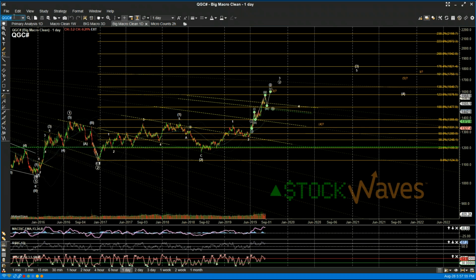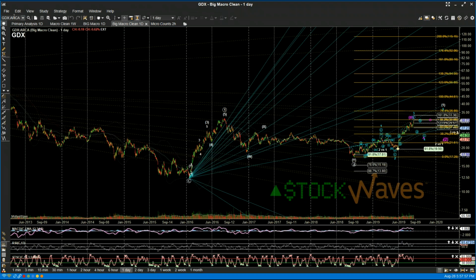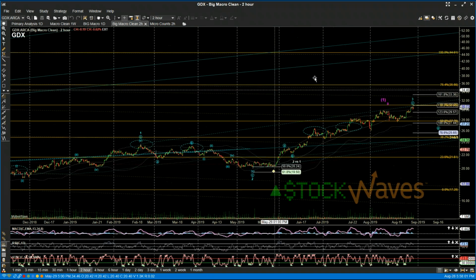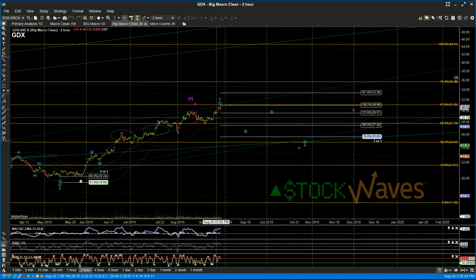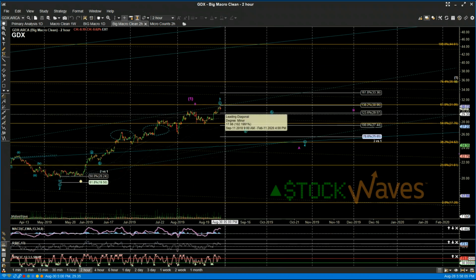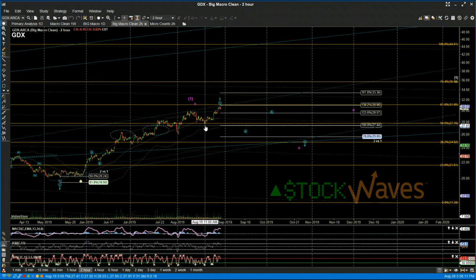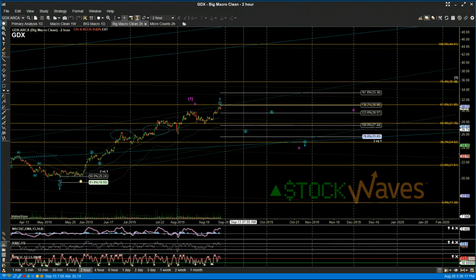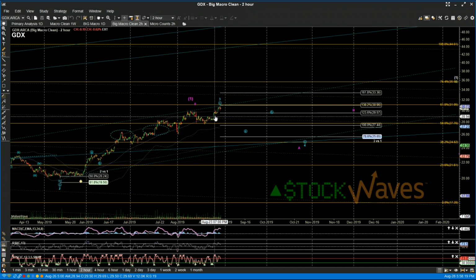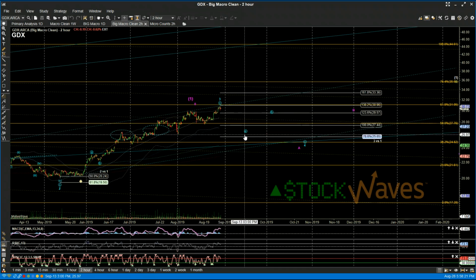So going back to the GDX chart, for any immediate further extension, I think you really need to look at this 2930 region as immediate support. So here's the more recent low that looked like a possible start to an A and a B of this A wave, or maybe an alt B wave of this A wave.